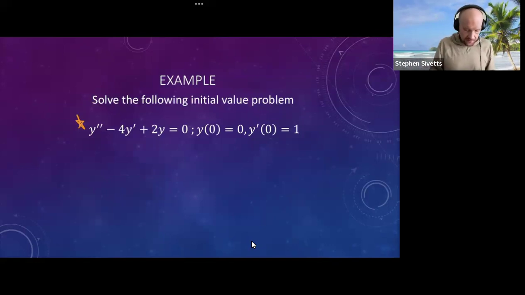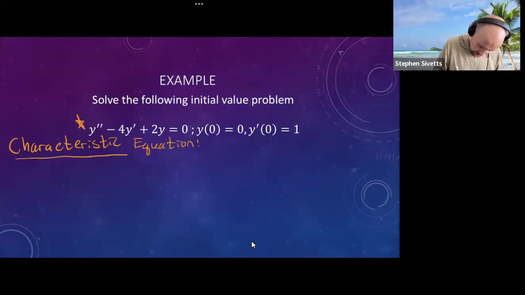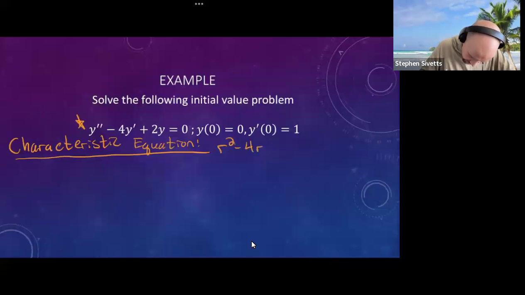So first things first, we need to write out the characteristic equation. This would correspond to r squared minus 4 times r plus 2 is 0, right?